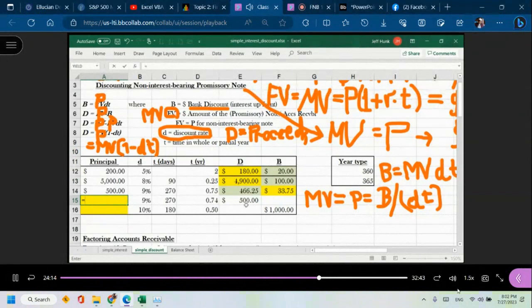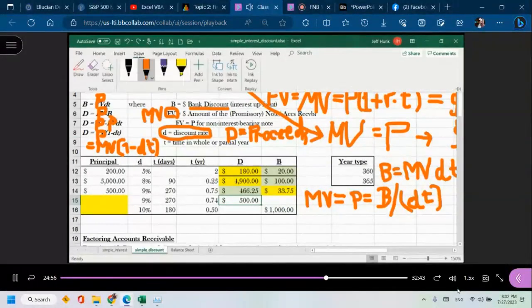So then there's one more question, right? We need to use B, but we don't know what B is. This is a problem. But also, we can find this because another formula is what? If D is, right? So D equals MV over 1 minus DT, right? So what do you need to do? It's simple.